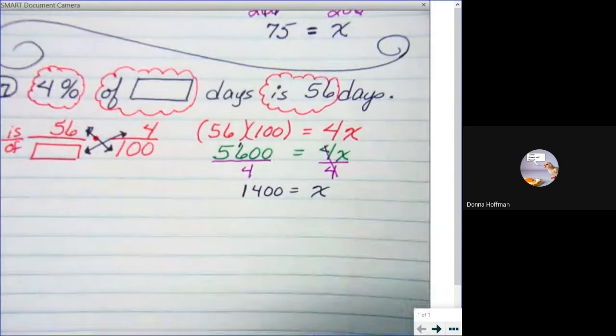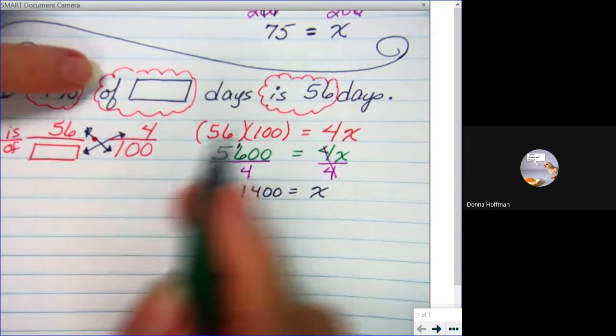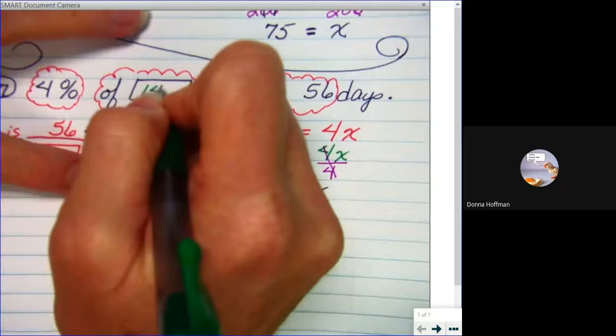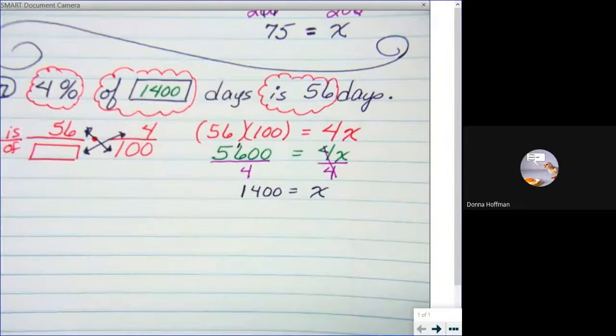1,400. So 4% of 1,400 days is 56. Number 18, I can let you do by yourself.